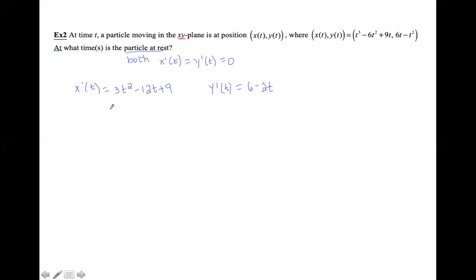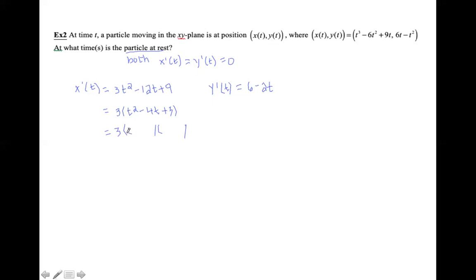So this first one, I'm going to start by factoring. I can take a 3 out of everything, and that gives me t squared minus 4t plus 3. Luckily, I have a nice factorable quadratic there.